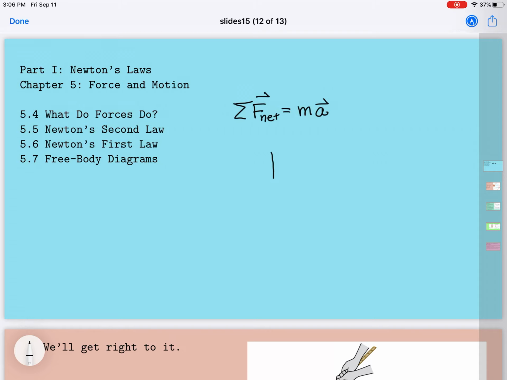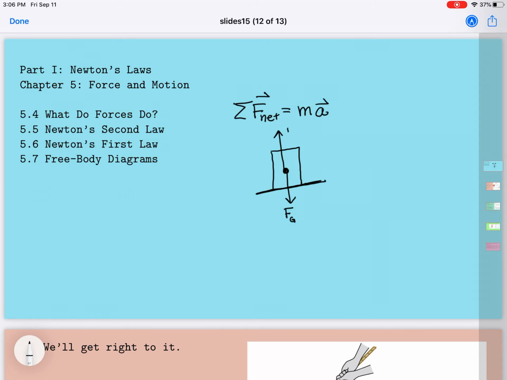So let's just say we have a block on the floor and we're neglecting friction for right now until we learn about it in topic 16. And what we have is that this is the center of the box. And so we know that there's the force due to gravity right here.